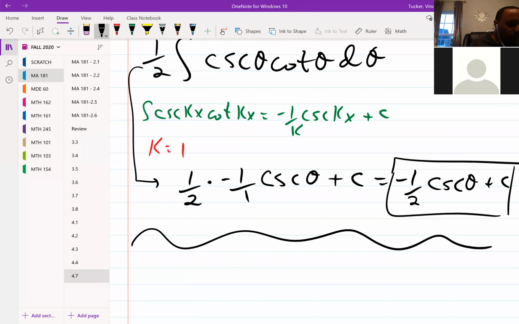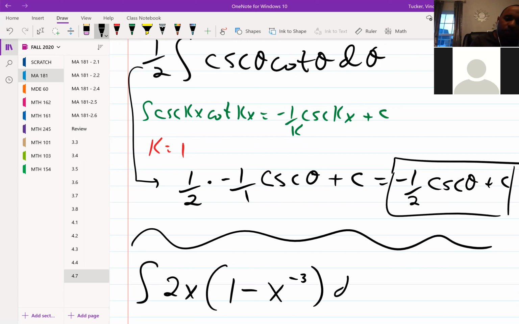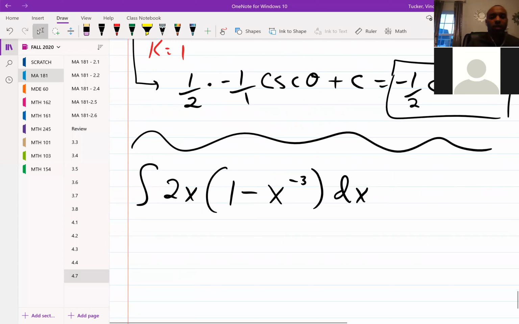Do this last one unless you decide you want more. All right, so we have 2x times 1 minus x to the -3rd dx. The antiderivative of that.